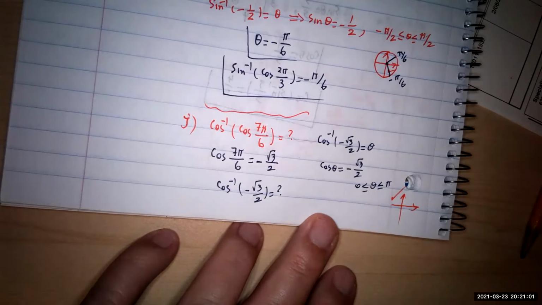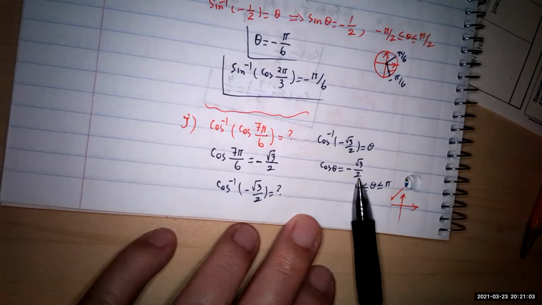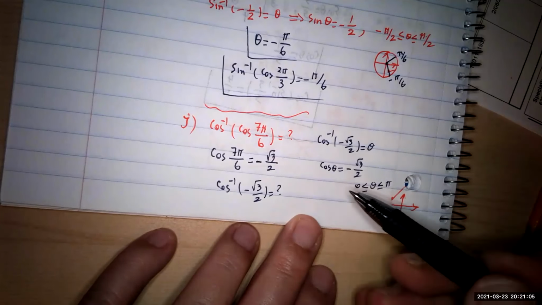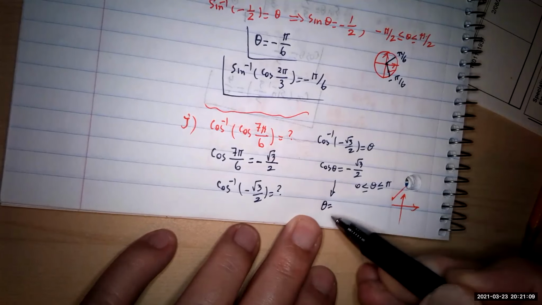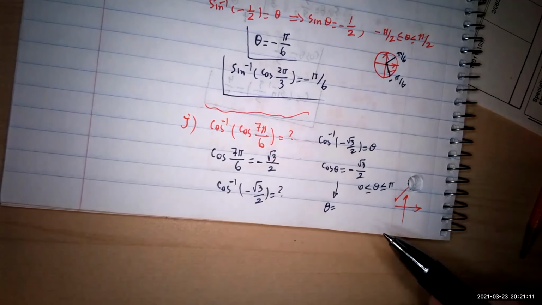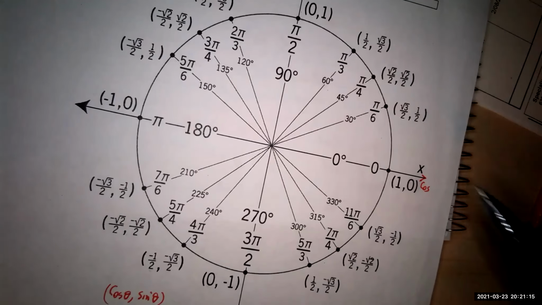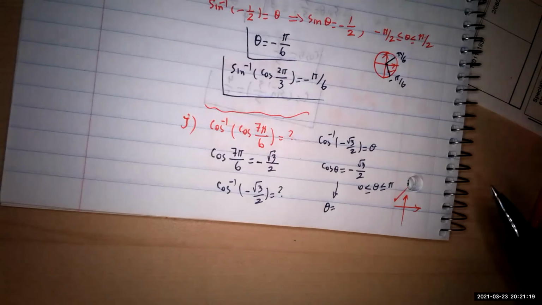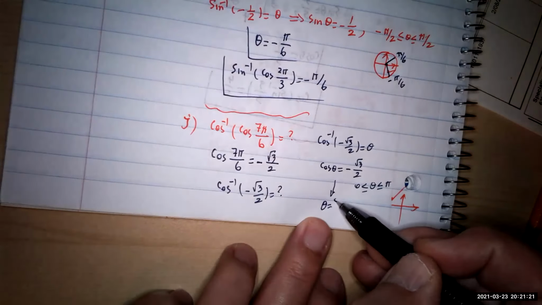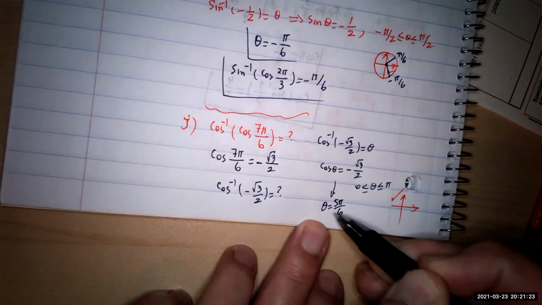If you check the table, that should give you 150 degrees, which is 5 pi over 6.